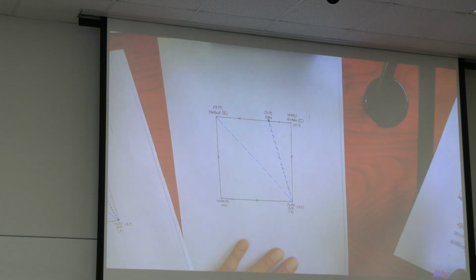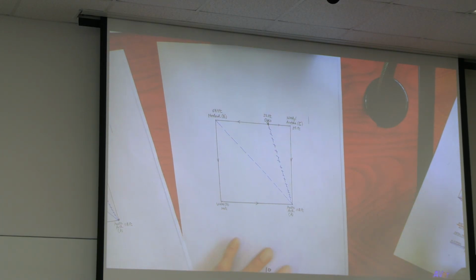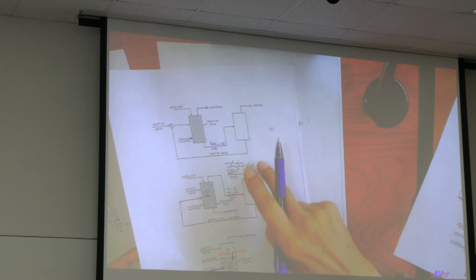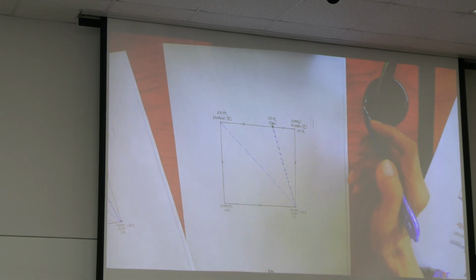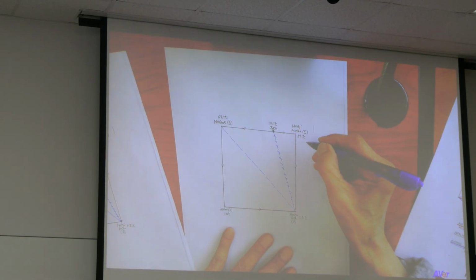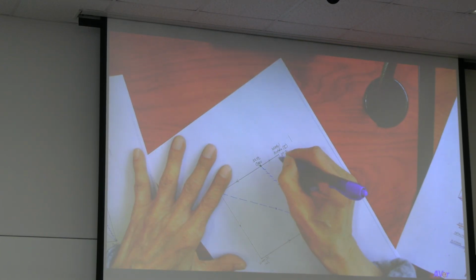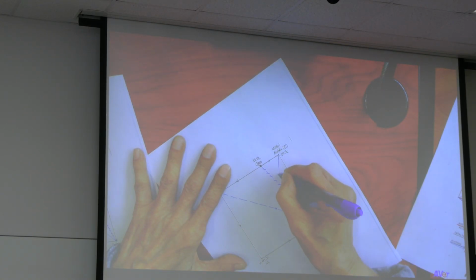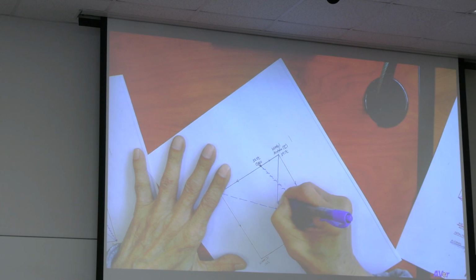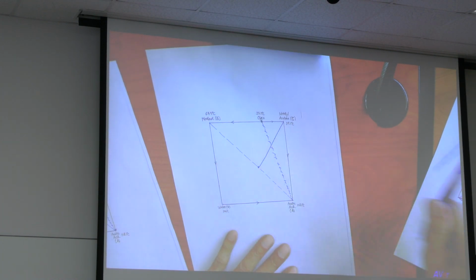So, if I draw this column, say, I just pick one point. What's special?